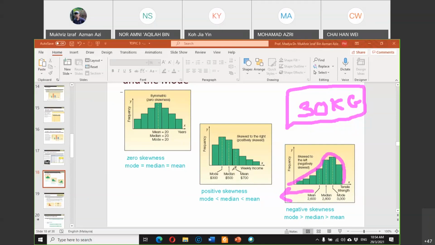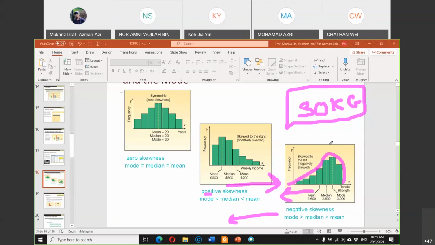But as long as you understand this concept: positive skewness is affected by extremely large values, and negative skewness is affected by extremely small values. So the word negative is something on the left, positive is something affected on the right.